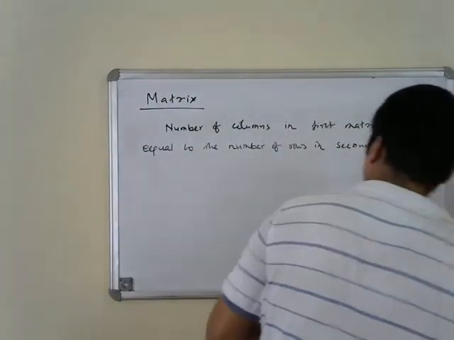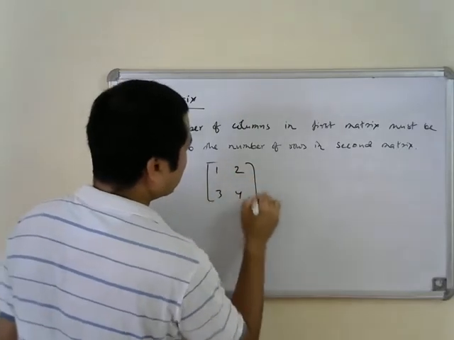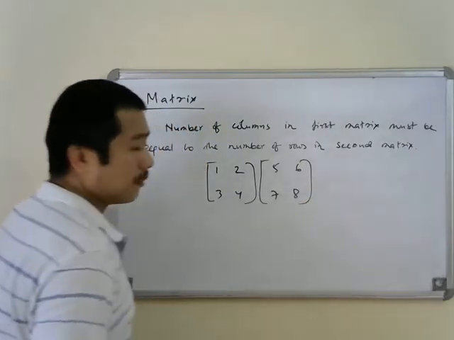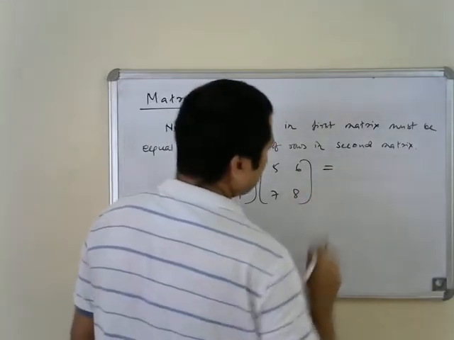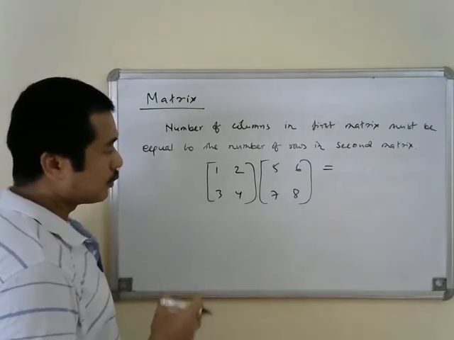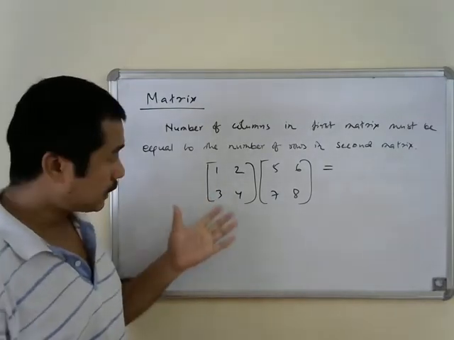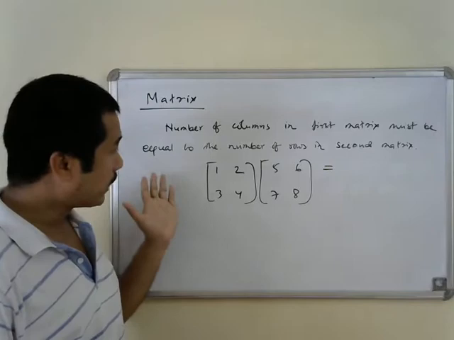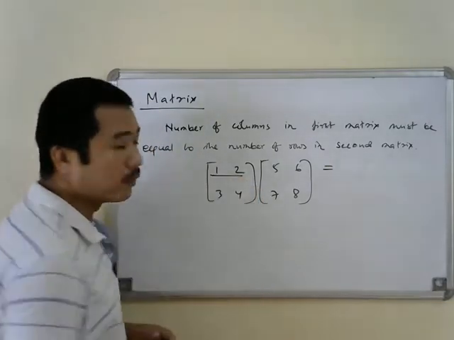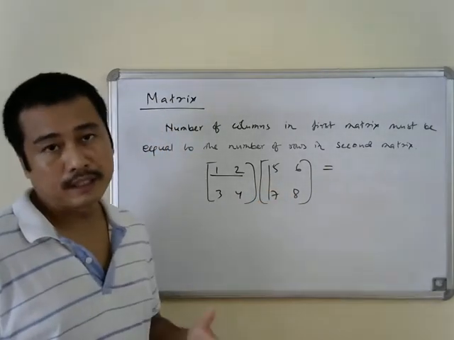Let us take, say, 1, 2, 3, 4 as a matrix, and 5, 6, 7, 8 as the other matrix. To find out the elements of the resulting matrix, you have to multiply the elements within a row in the first matrix with the elements in a column in the second matrix.